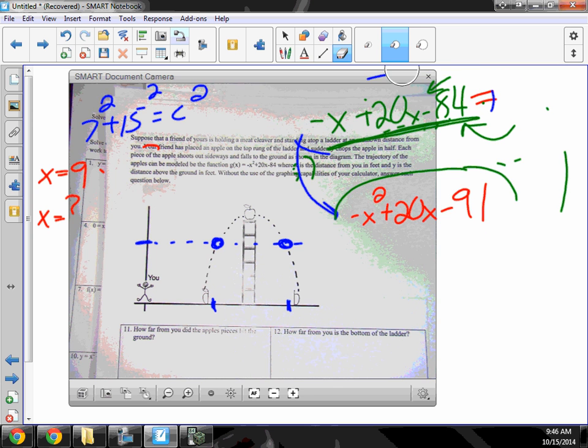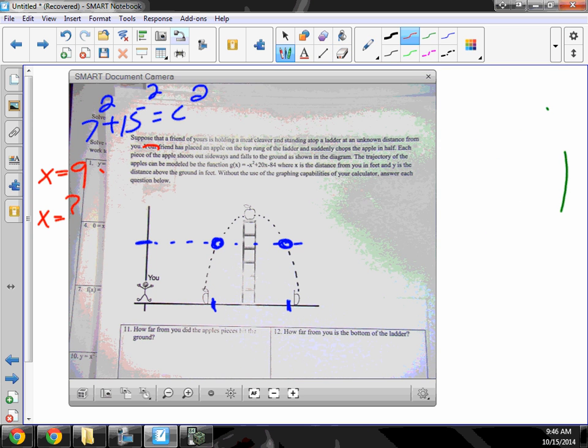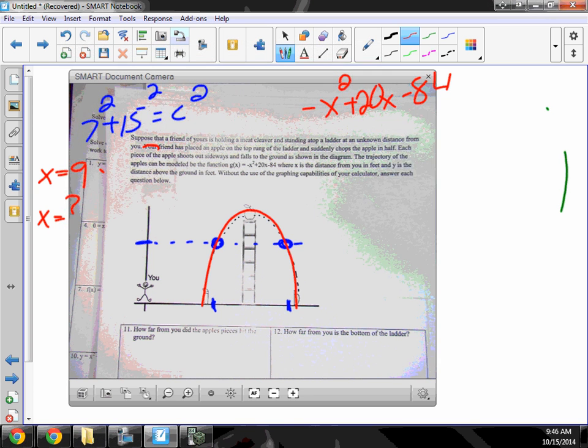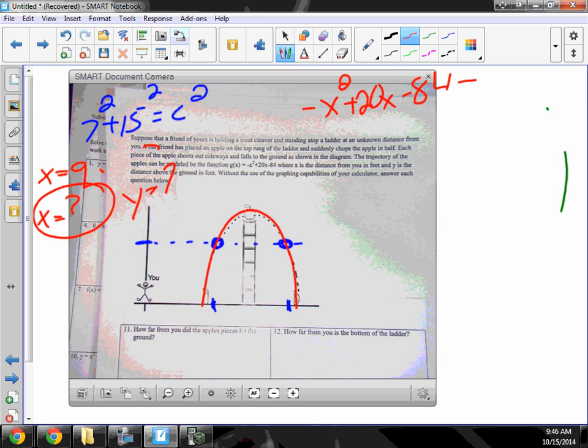And this really is important. You really need to understand this. So negative x squared plus 20x minus 84, that is this graph, right? Well, I want to know what does x equal when y equals 7? So I set this equal to 7.